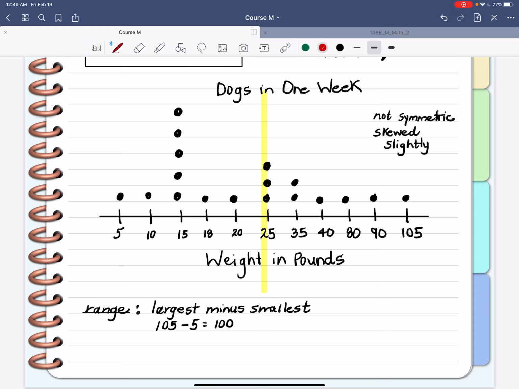So on this right side, the frequency is 2, 3, 4, 5. So we have on this side a 5. On the left side, we have 1, 2, 3, 4, 9 total.